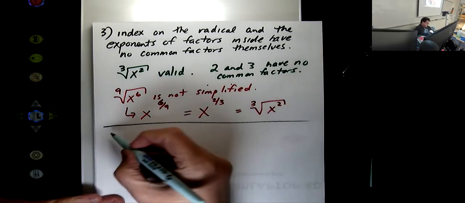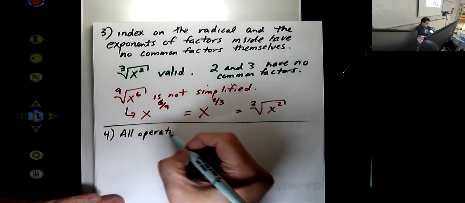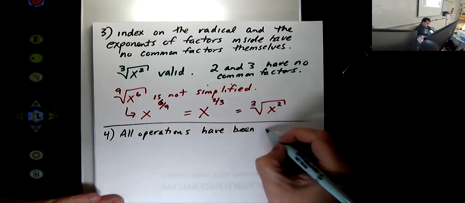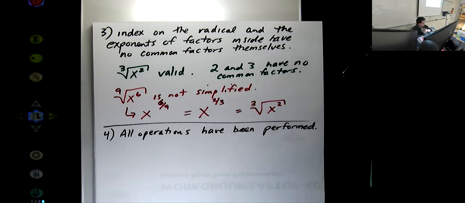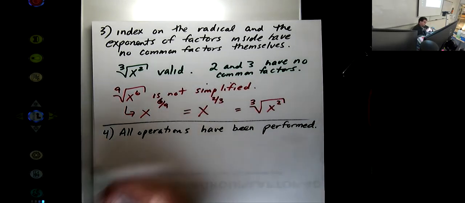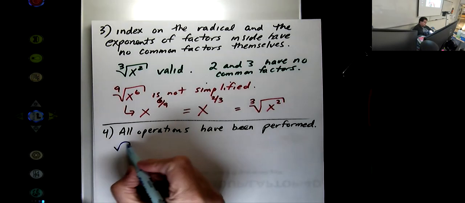This one is kind of stupid. All operations have been performed. We had an example of this just a second ago. We started with the square root of 8 over the square root of 6.